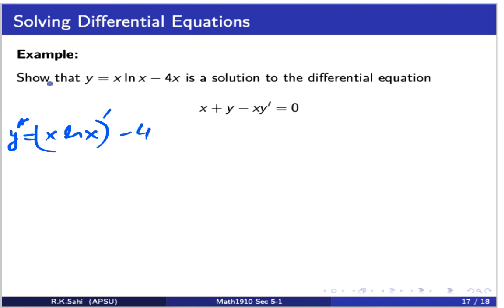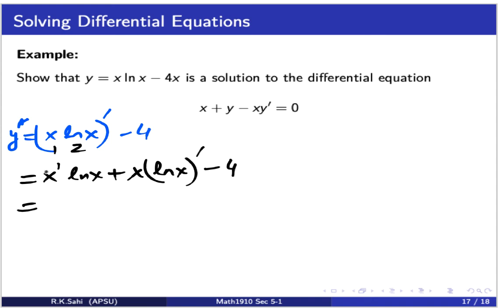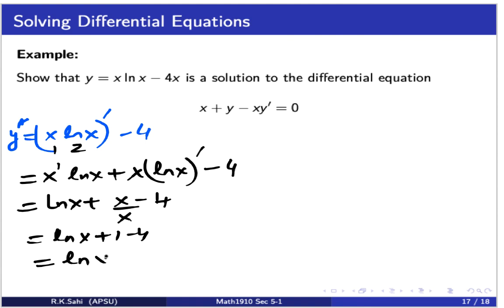Now this is a product rule. Keep in mind that when you have a product of two functions, it means the product rule of differentials. So it's x prime times natural log of x plus x times the differential of natural log of x, minus 4. What do you get? Natural log of x plus x over x minus 4, which is natural log of x plus 1 minus 4, or natural log of x minus 3.